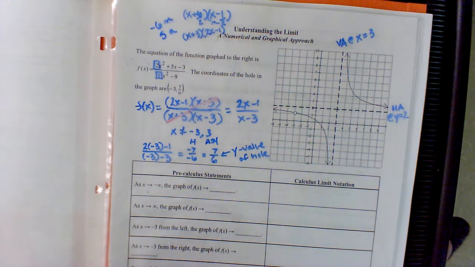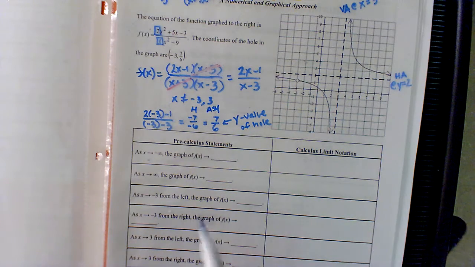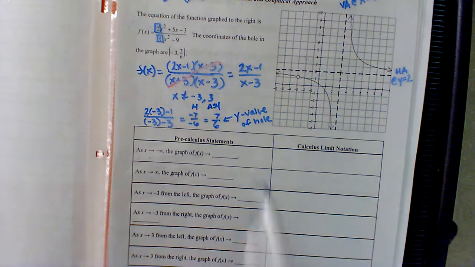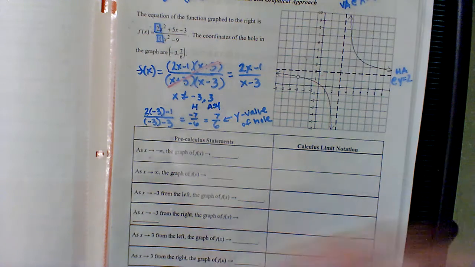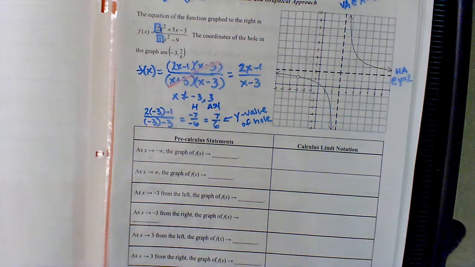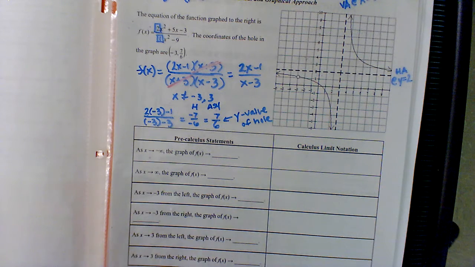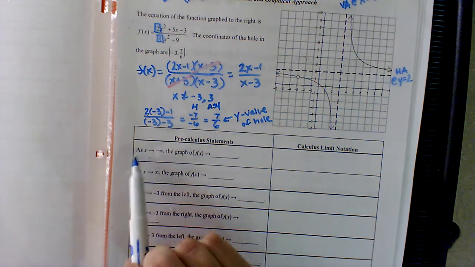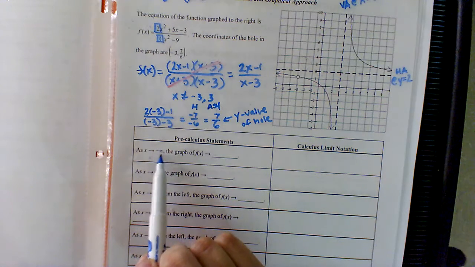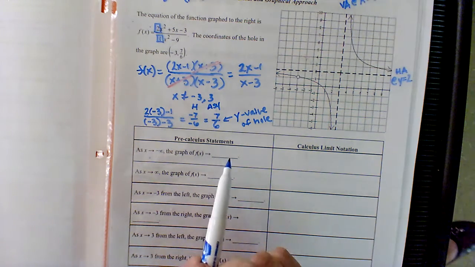Okay, so let's go ahead and talk about some of this limit or calculus stuff here. On the left-hand side, we have some pre-calculus statements, things you may have seen last year, but we're going to take these verbal statements and write out what they would look like mathematically. So if we take a look at this, as x approaches, that's what the arrow means, as x approaches negative infinity, the graph of f of x approaches what?